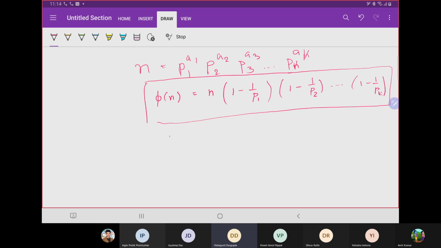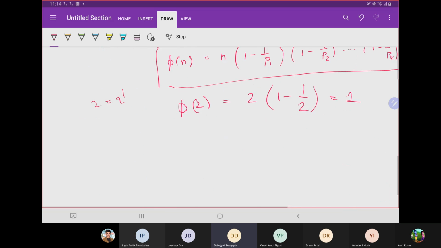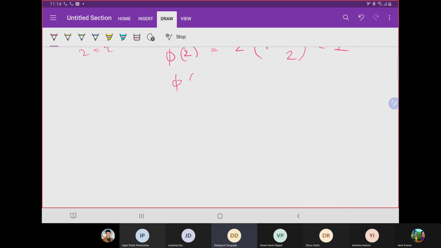So does this work at all? So let us see for phi of 2. So I say that 2 has only one prime factor. 2 is basically 2 power 1. So we don't need any other thing. So 2 into 1 minus 1 by 2, right? So equals 2 into half, which is 1. Yeah, 2 into half is 1. Right? So similarly, if we see phi of 3 equals 3 into 1 minus 1 by 3 equals 2.